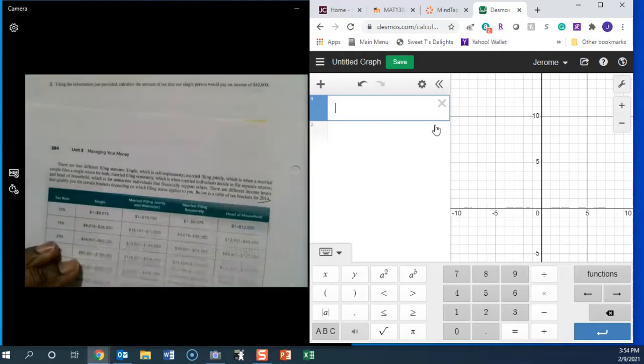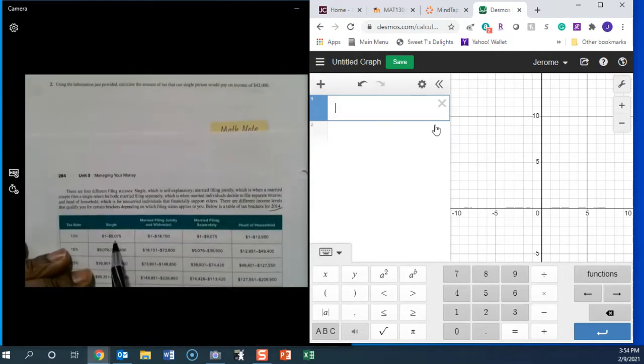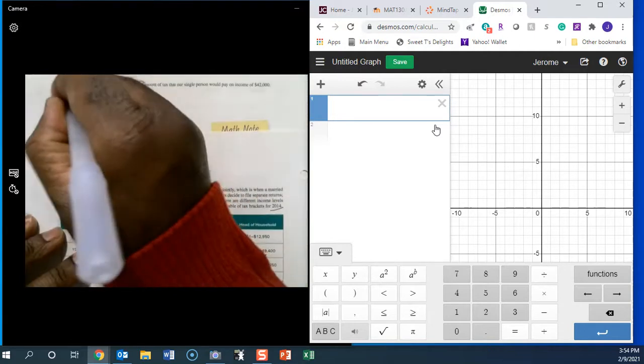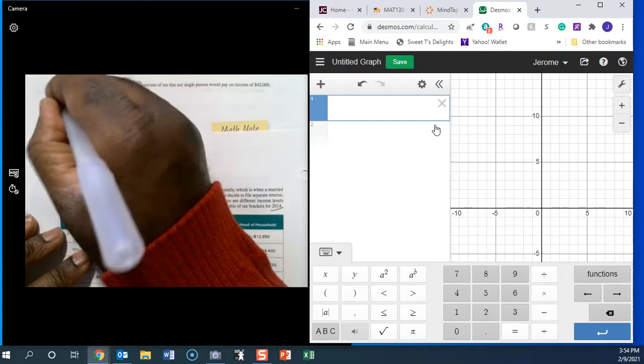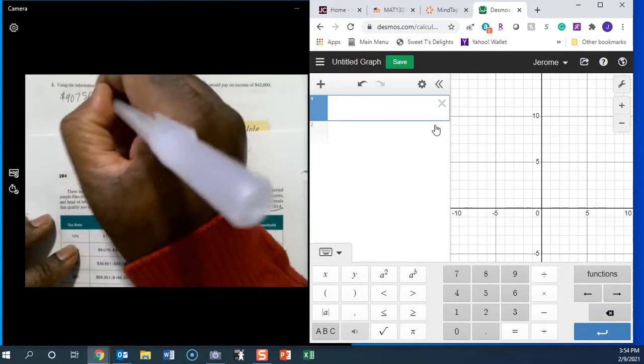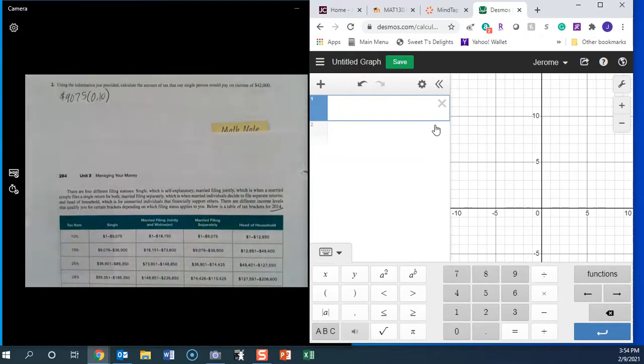When we look here at single, at 10%, the max is $9,075, right? But we want to get everything up to 42,000. So what you would do, you would take this $9,075 and multiply it by the 10%. So that took care of that.